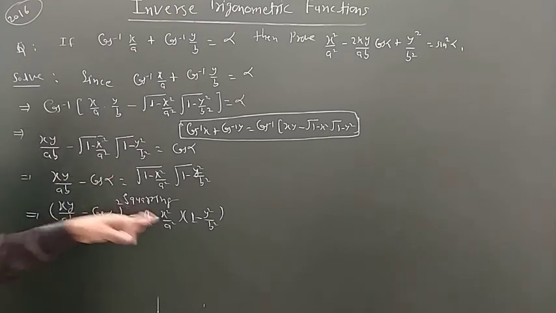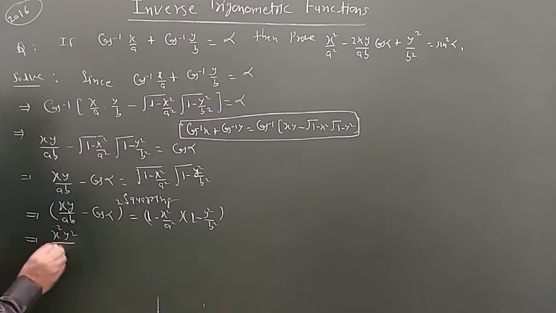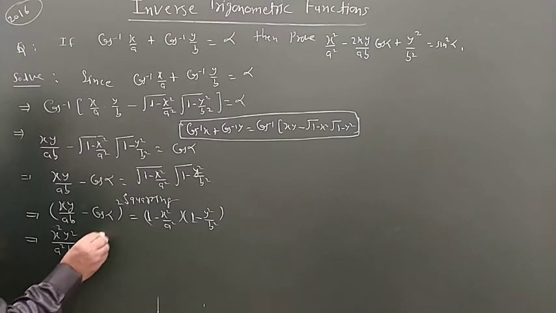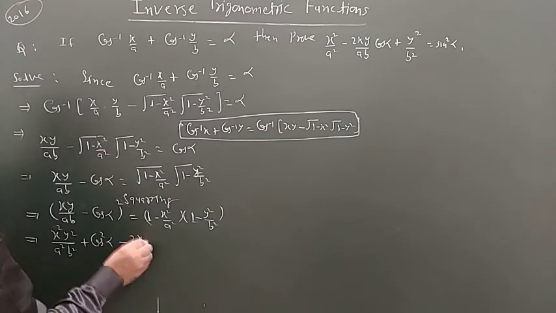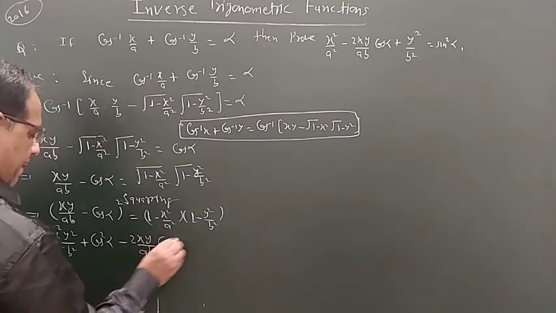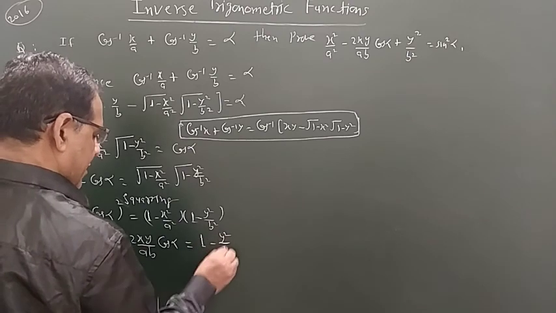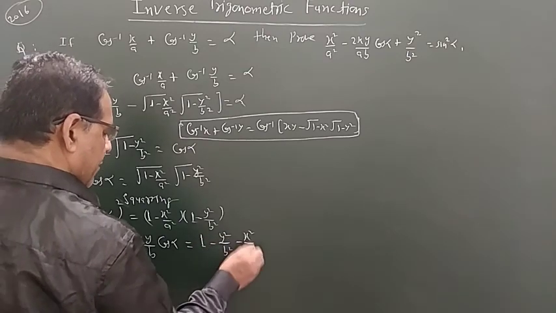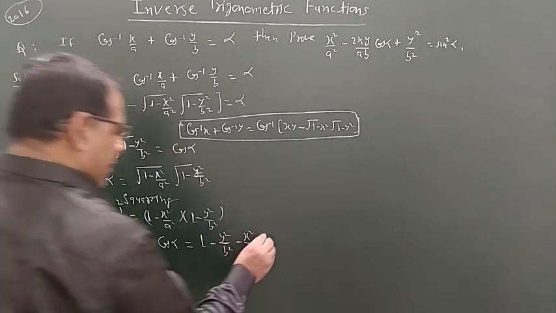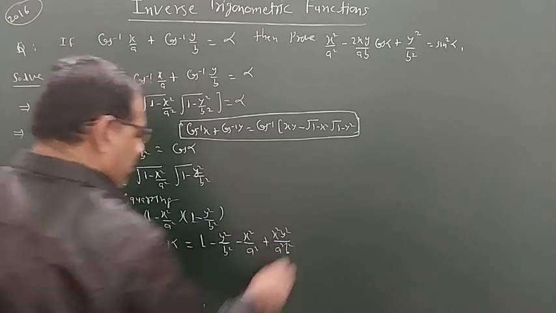First we take the whole square, next step we open the bracket. So this will become x square y square upon a square b square plus cos square alpha minus 2xy upon ab cos alpha equal to 1 minus y square upon b square minus x square upon a square plus x square y square upon a square b square.